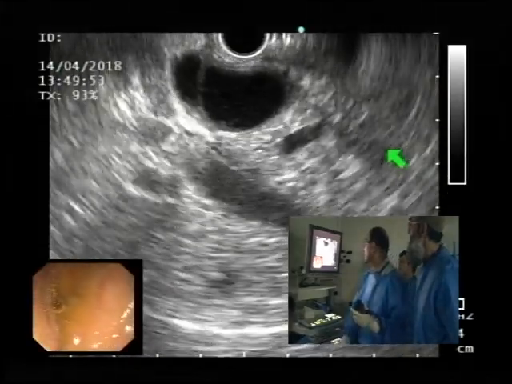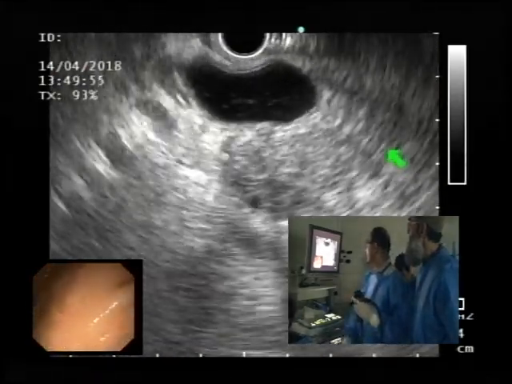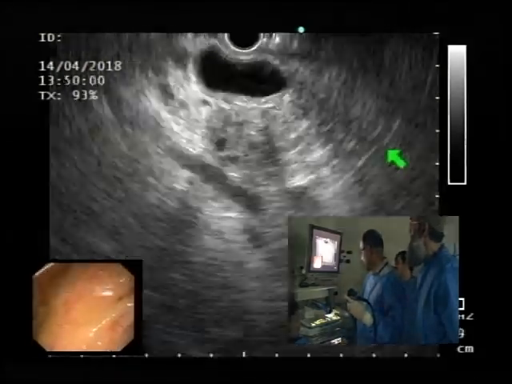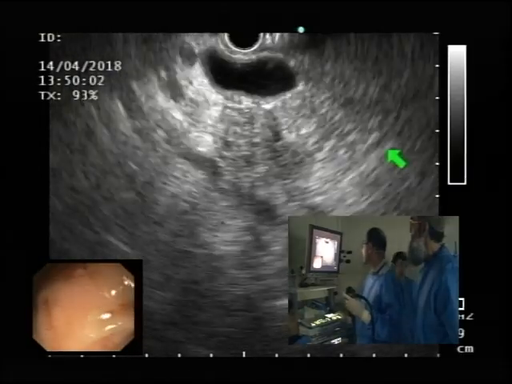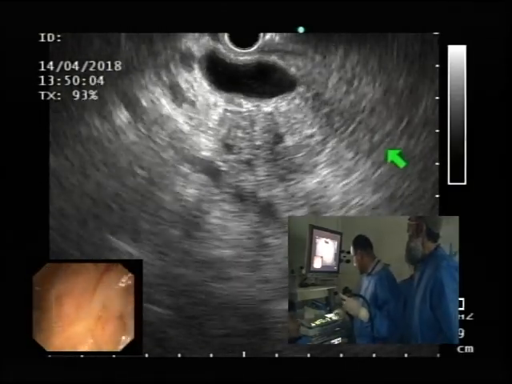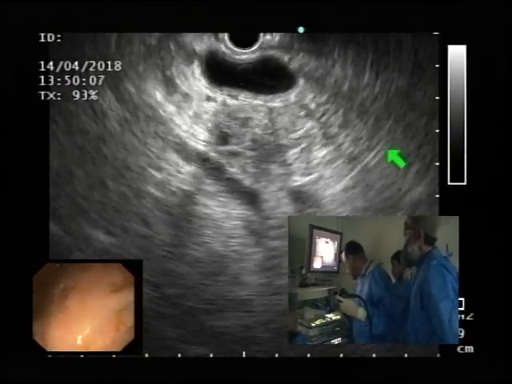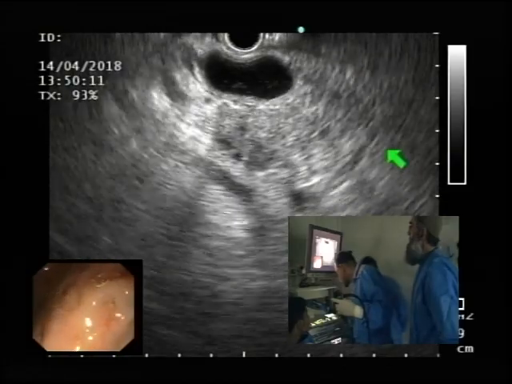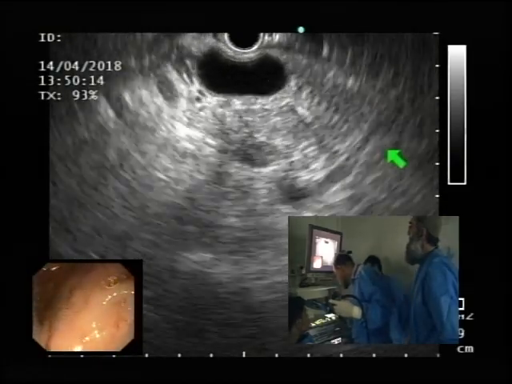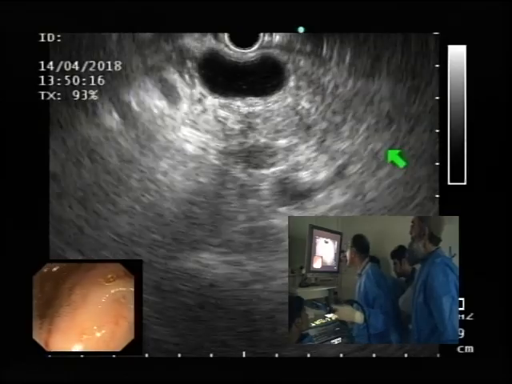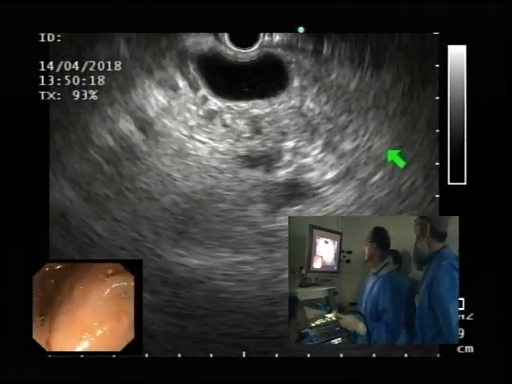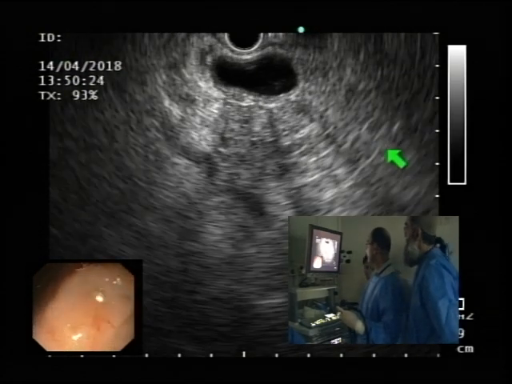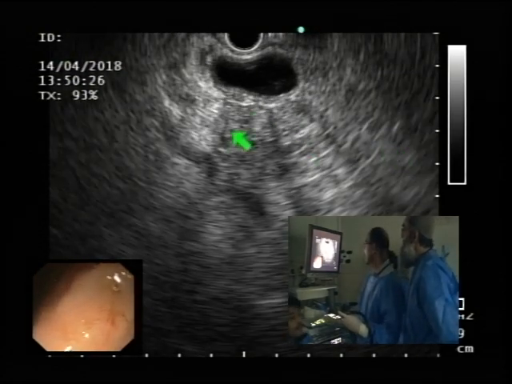As I go clockwise, we're following it towards the papilla. And this thing, it's the gain too. Now you can see that this is your mass lesion here.